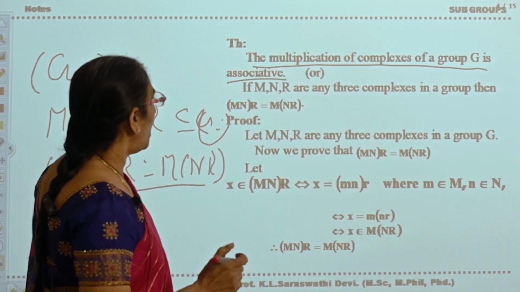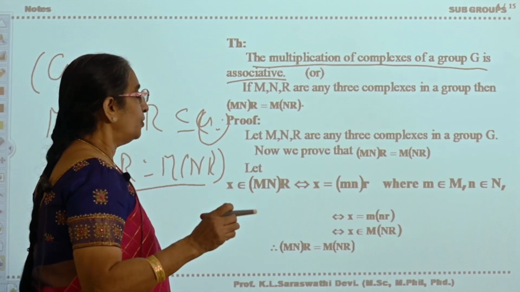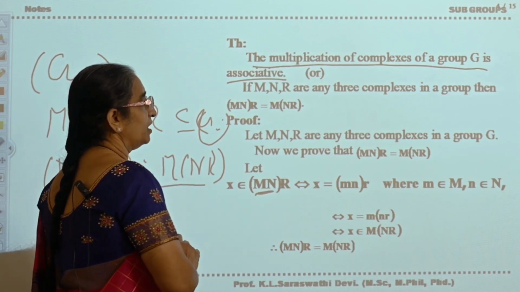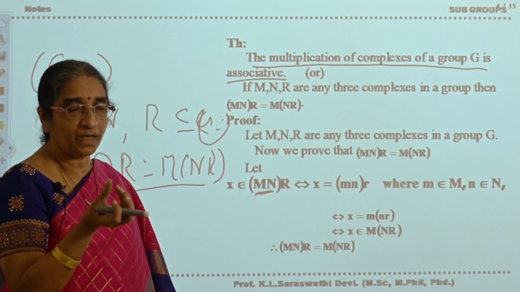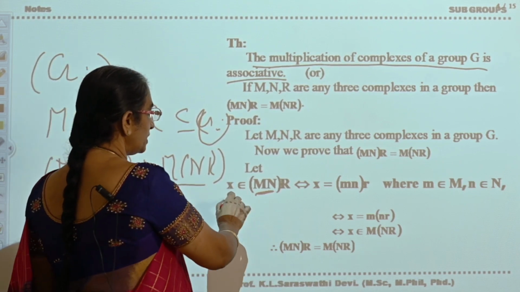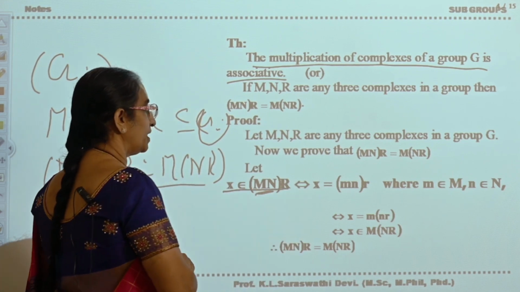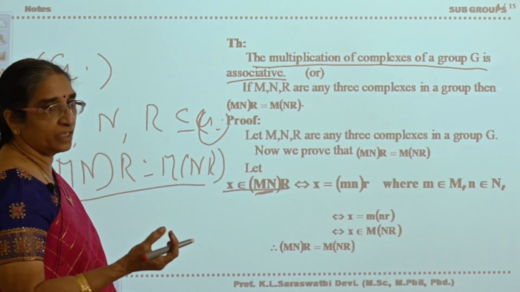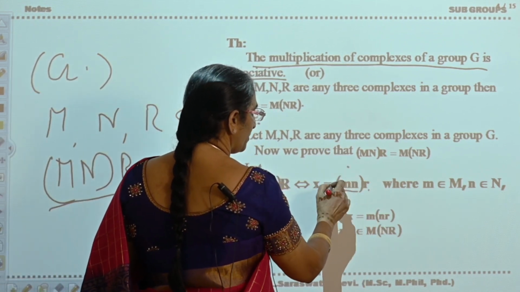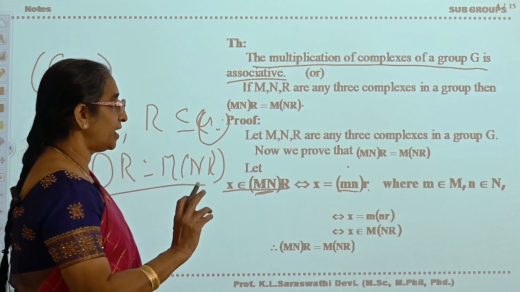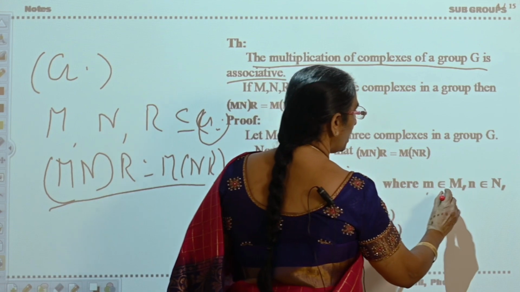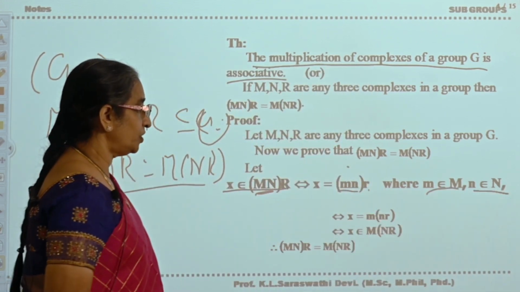Now see how you define the product of two complexes. MN is the set of all mn where m belongs to capital M, n belongs to capital N. Now consider x belongs to (MN)R. It will be if and only if x is of the form (mn)r, where mn is an element of MN and small r is an element of capital R. Here m belongs to M and n belongs to N according to the definition.